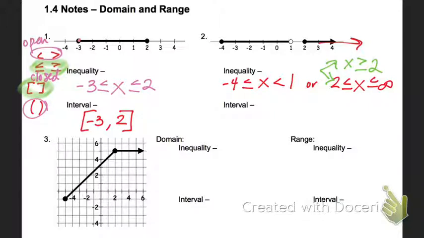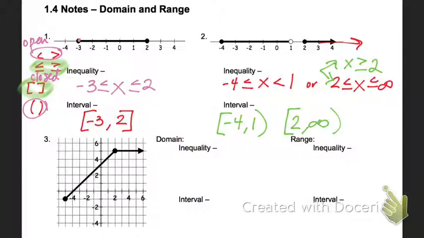For interval notation, you're going to have 2 of them. So I'm going to say -4, 1, and then I will have a bracket on the left side, and then I'll have a parenthesis on the right side. So you can mix it up. They don't have to be the same. Then you have bracket 2, comma, infinity, parenthesis.